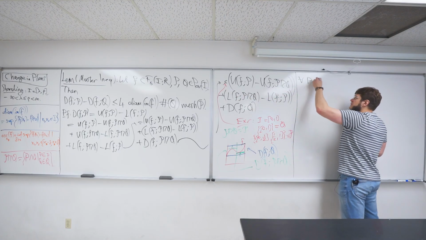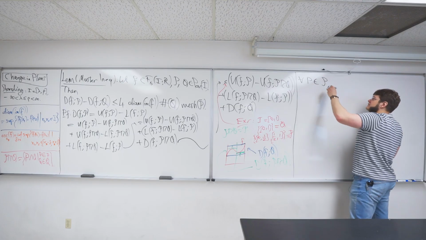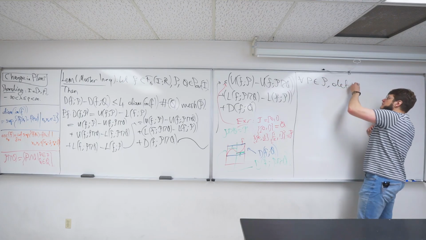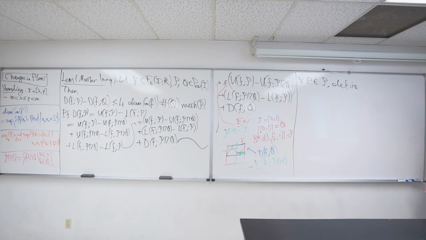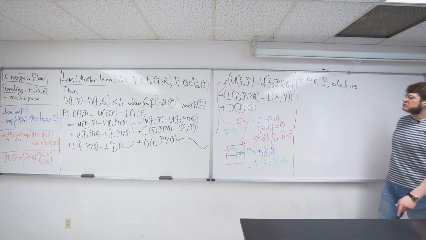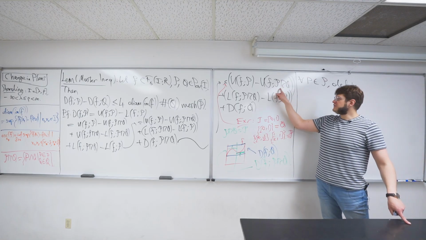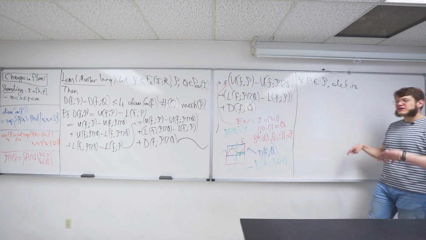For any pixel P in curly P, I'm going to define a certain subcollection of the coarsest common refinements. This is a set of intervals, so I can look at subsets of it.